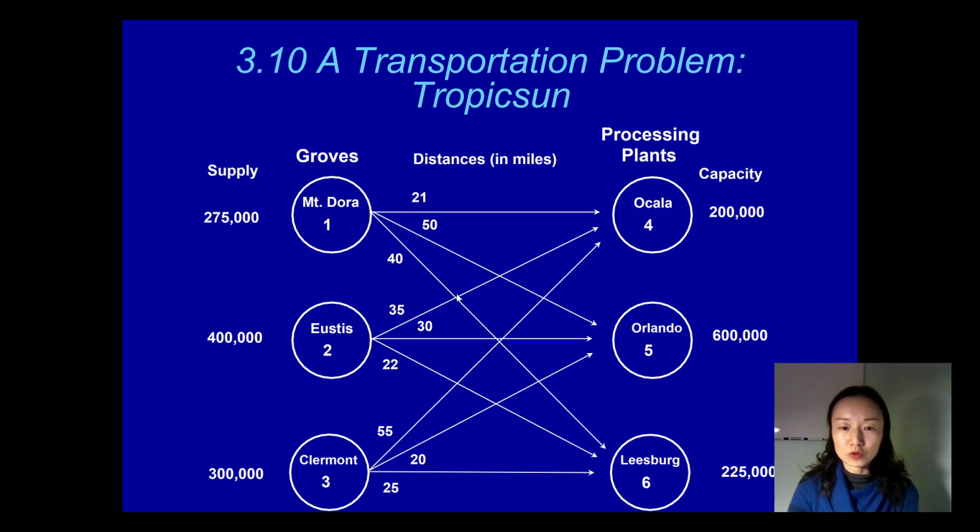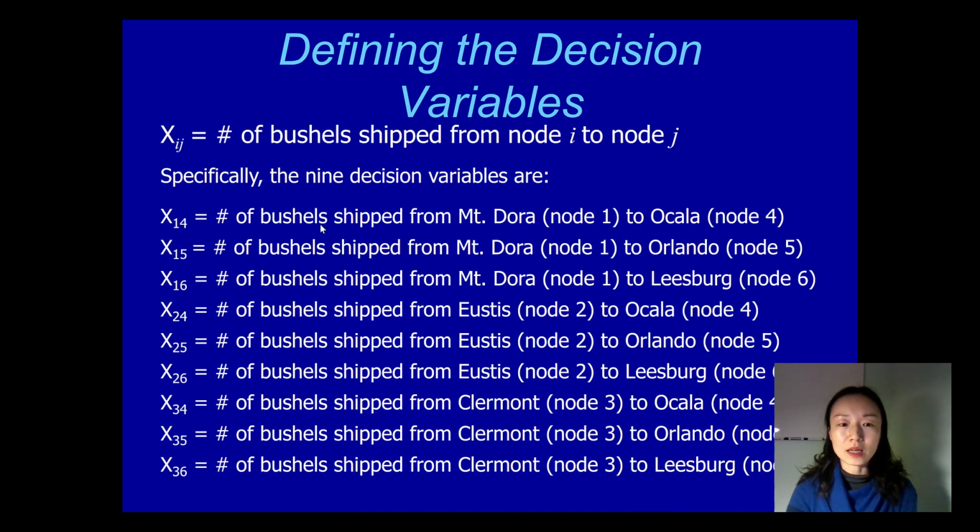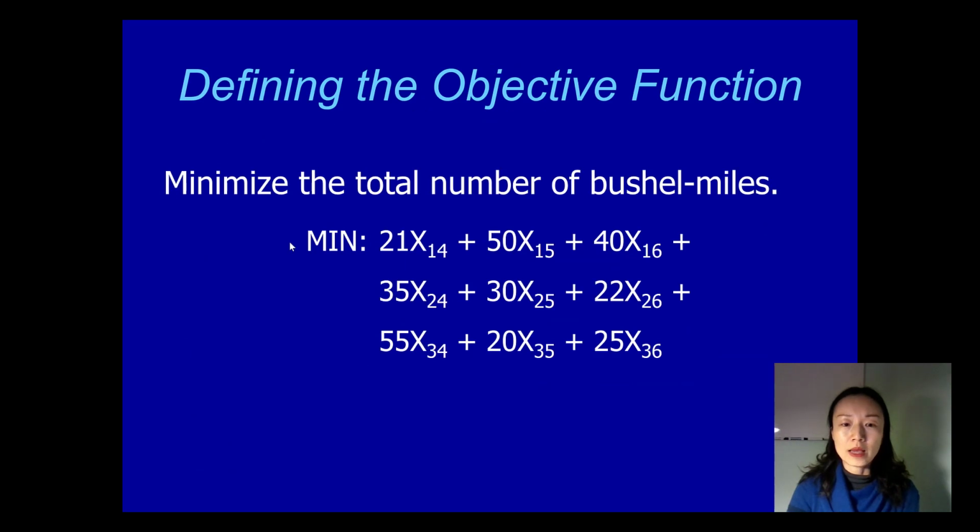So we have 9 decision variables, representing number of bushels to ship from each of those nodes, representing the supply node, to each of the processing plants, the destination node. And we're going to minimize the total bushel miles, which is the sum product of our decision variables and the distance between each pair of those nodes.